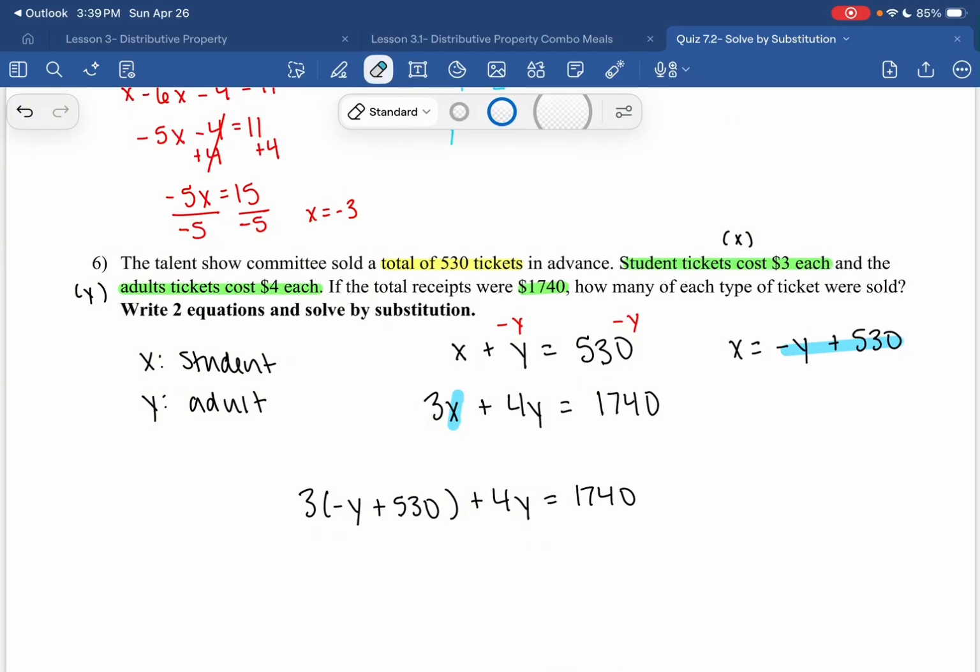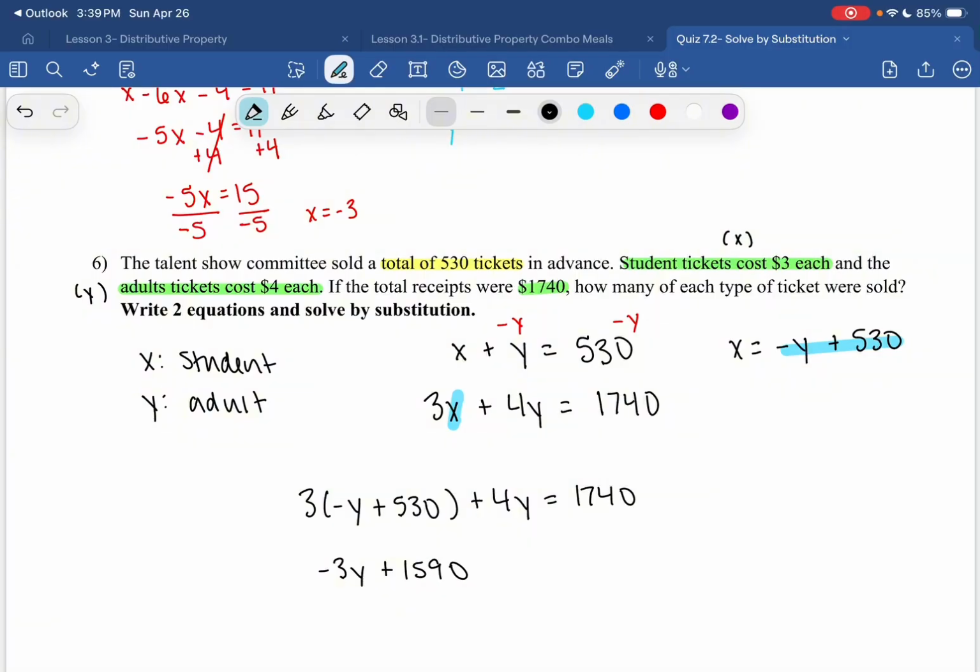Okay, and I know that 3 times negative y is going to give me negative 3y, and 3 times 530 gives me 1,590. I rewrite the rest of the equation.